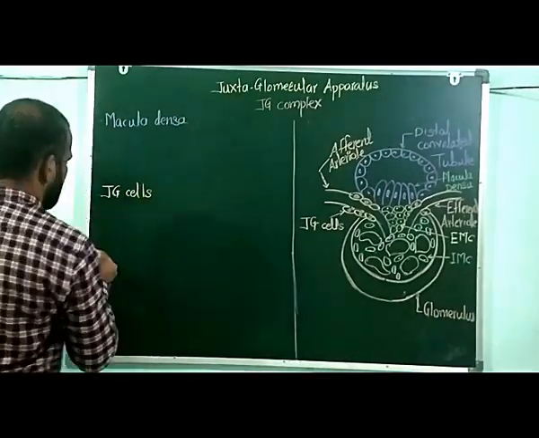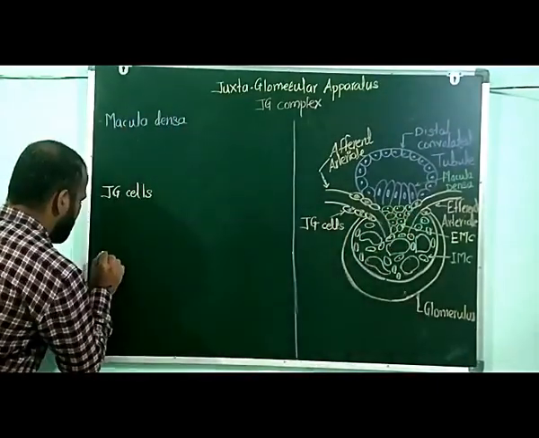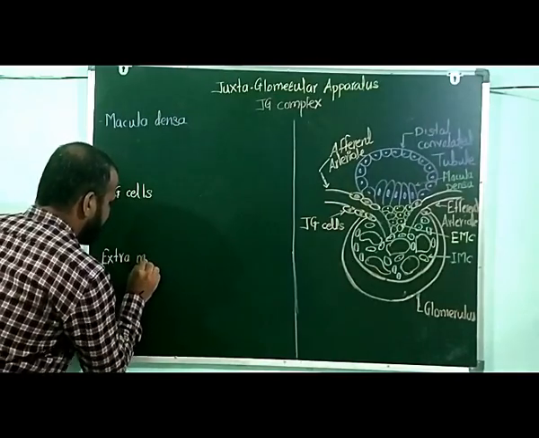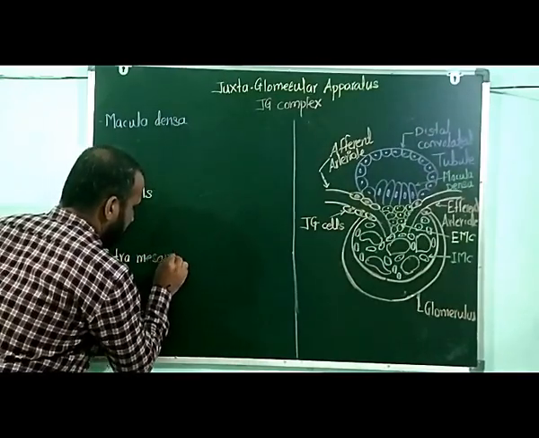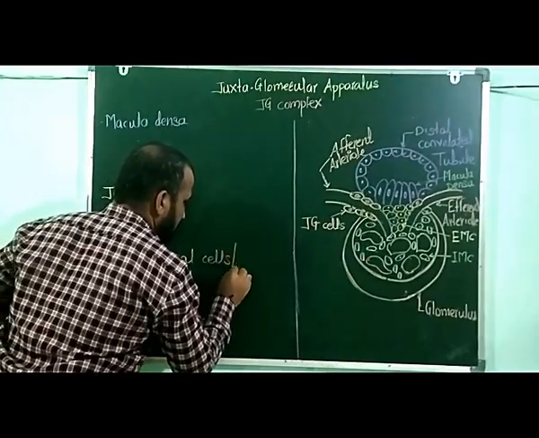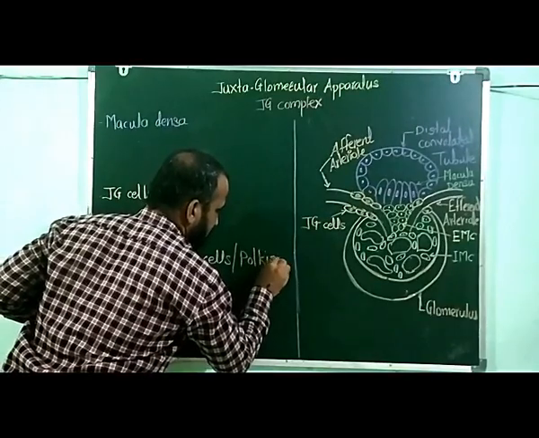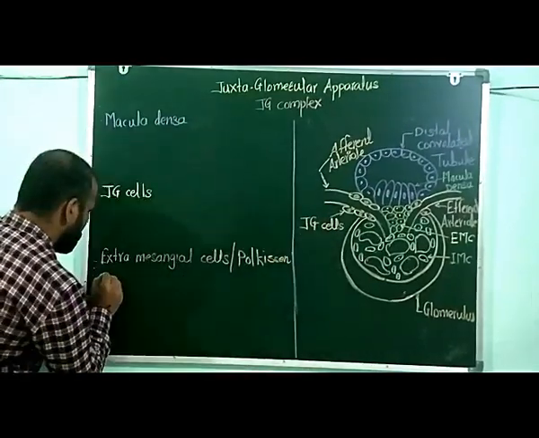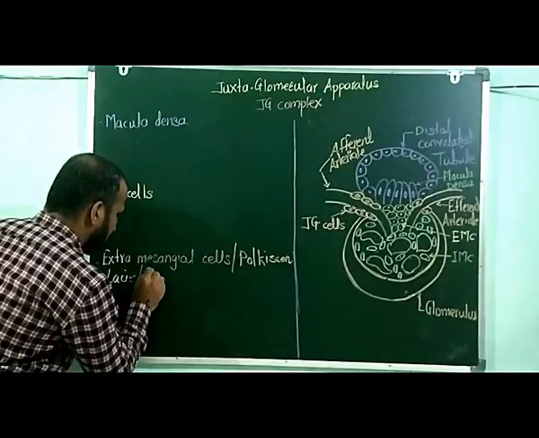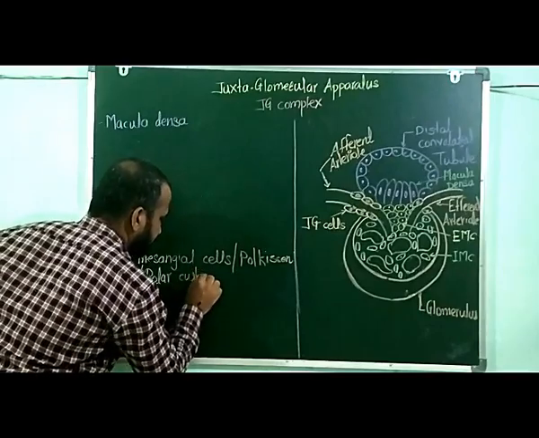The third one is Extramesangial cells, or mesangial cells, which are also called Polkissen cells or Lacis cells, or these are also called the polar cushion.